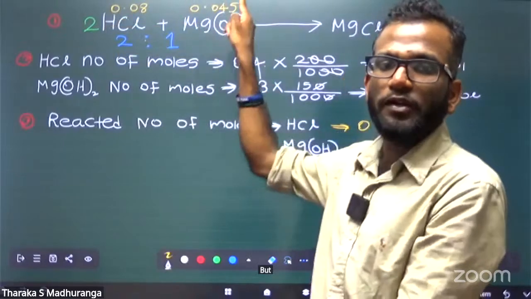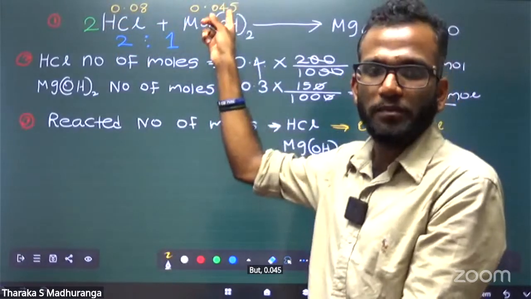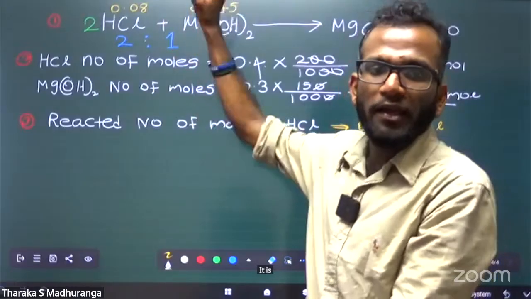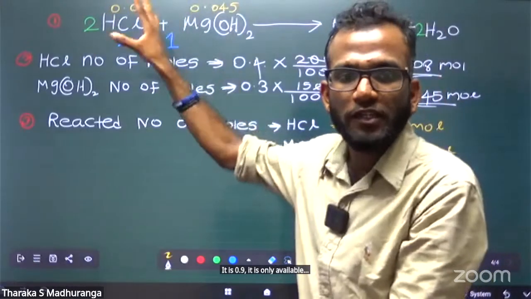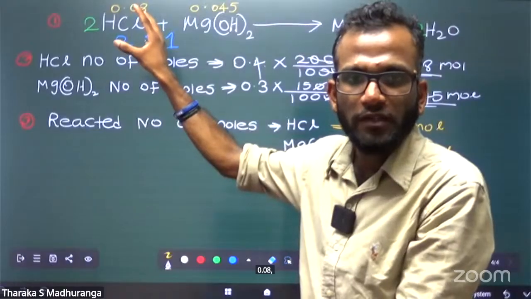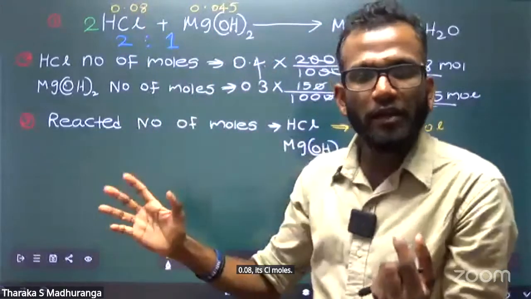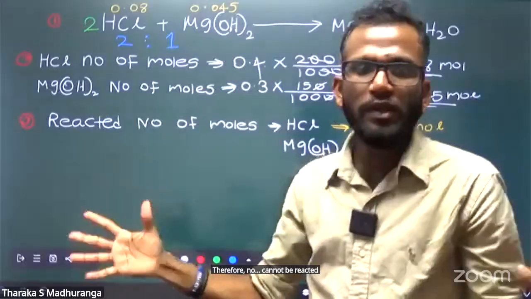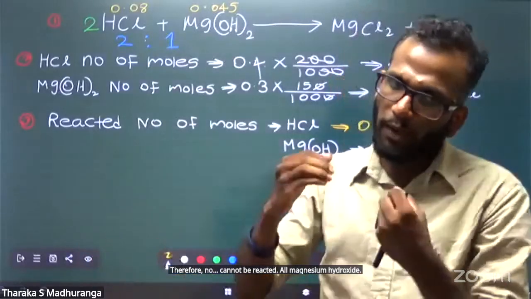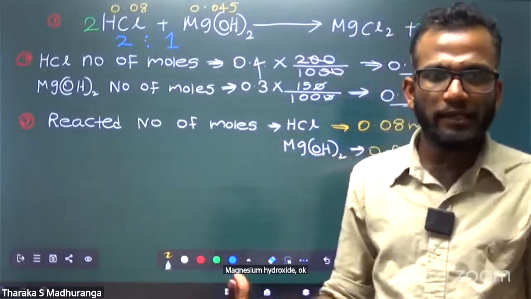But 0.045 times 2 is 0.09. Only 0.08 moles of HCl is available. Therefore, all the magnesium hydroxide cannot be reacted.